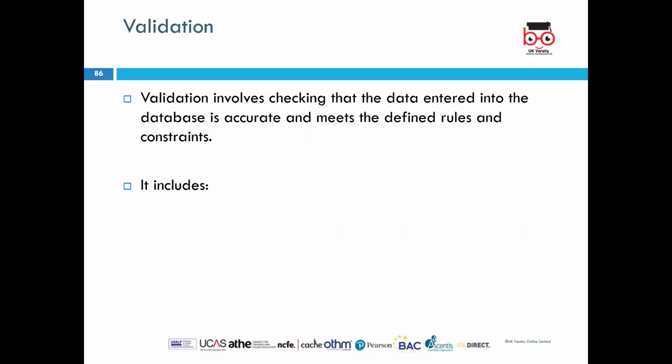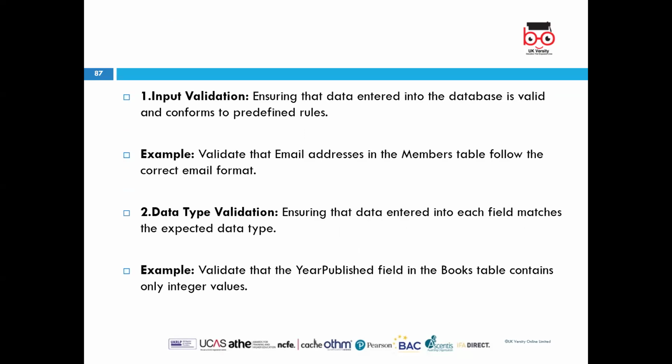So validation, again, is going to check that all the data entered into the database is accurate. So what is this going to include? Input validation, such as, for example, this could be validating email address.